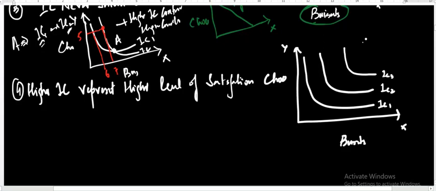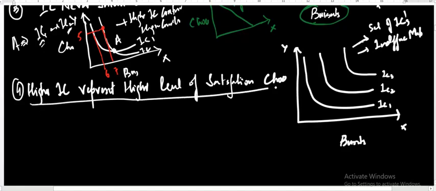This is a set of indifference curves, known as an indifference map. What I mean by the higher indifference curve representing a higher level of satisfaction is that the higher indifference curve contains more commodities as compared to the lower indifference curve, so the satisfaction is going to be more in the higher indifference curve.